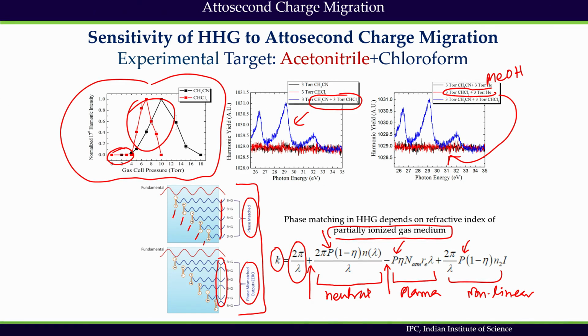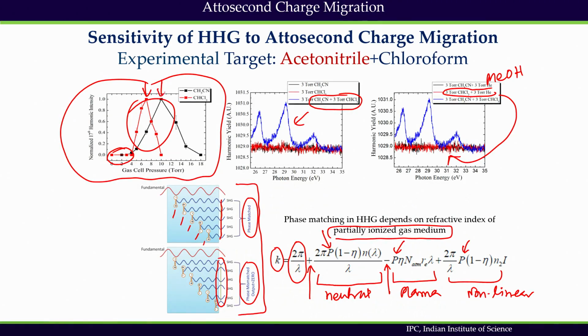When I am increasing pressure, two factors will contribute in opposite directions, which means one of them is trying to break the phase matching, another one is trying to bring the phase matching. And in an equilibrium we will get an optimum pressure, at which point we will get the maximum yield. And that is why I see pressure has a maximum value here, always a pressure which will give me the optimum HHG yield.